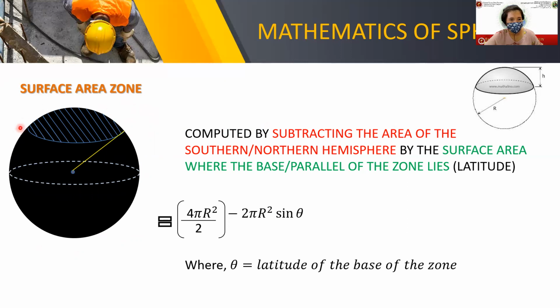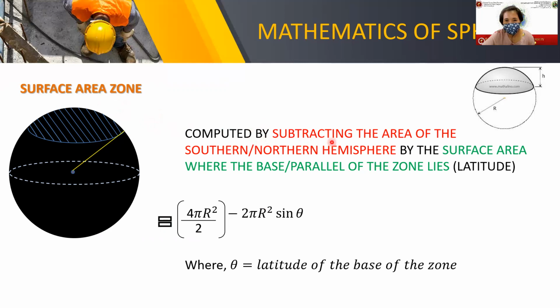From the equator going up, this is the northern. And this is the southern portion of that sphere. It depends upon where our zone is located, either in the northern or the southern sphere. So let's just say for this example, our zone is in the north. So we can use the northern portion.